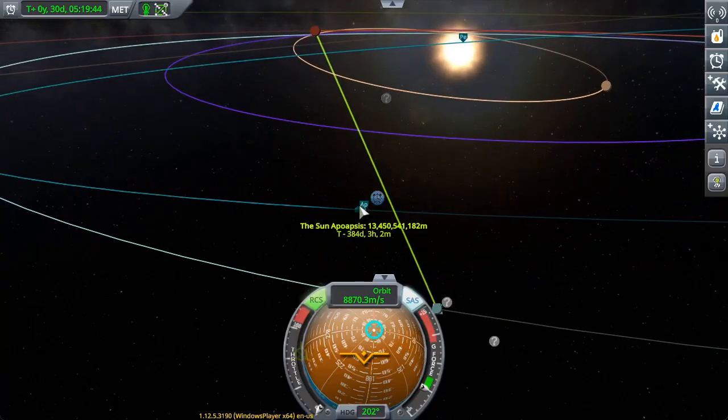Okay, but here it says 384 days and 3 hours. So that's 384 and a half. Okay, let me just put that here. So the period of Bill Kerman's orbit is 384.5 Kerbal days, because there are 6 hours in a Kerbal day, I think.